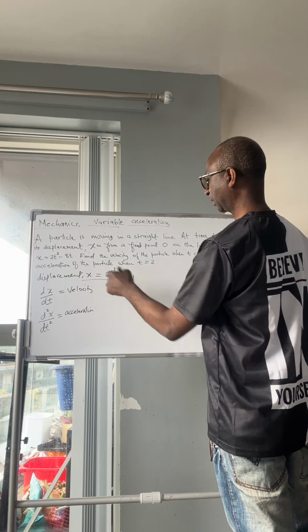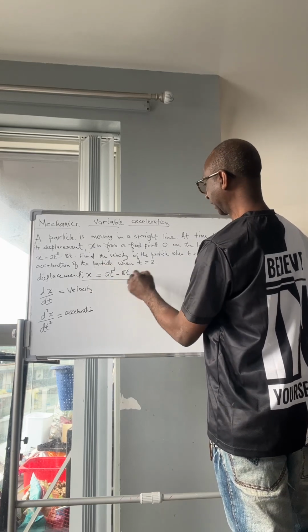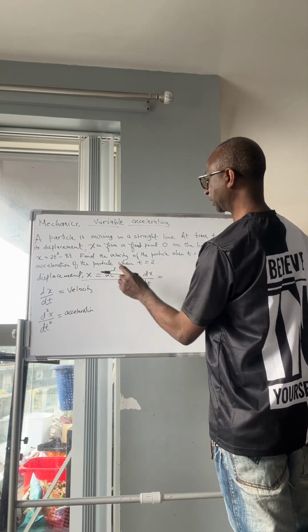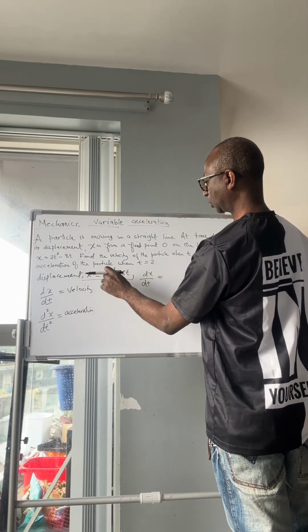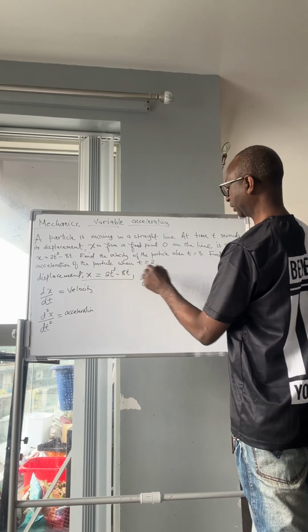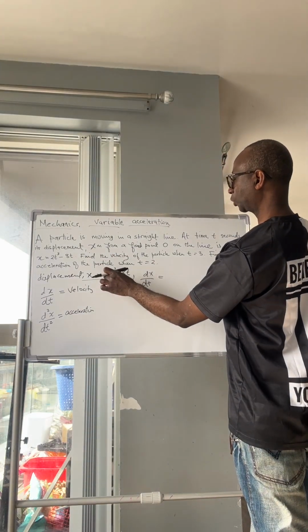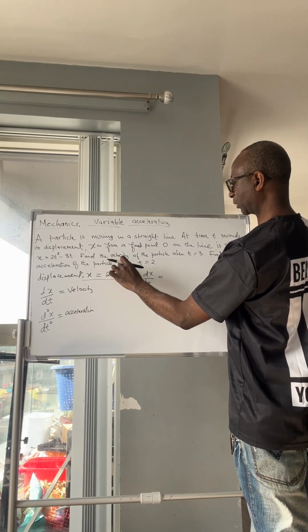We now want to differentiate, dx/dt. If you differentiate 2t to the power of 3, you know the formula is going to be 3 times 2 raised to the power of 3 minus 1.